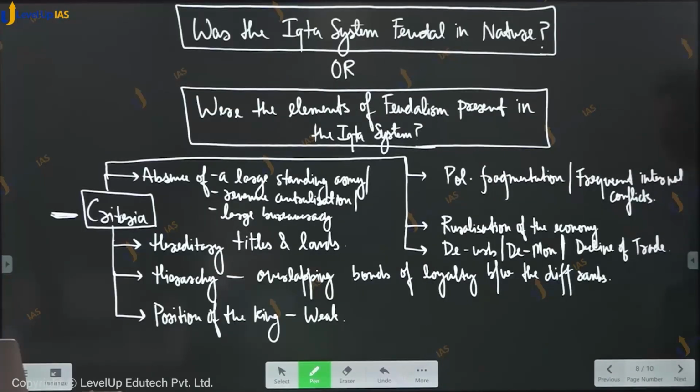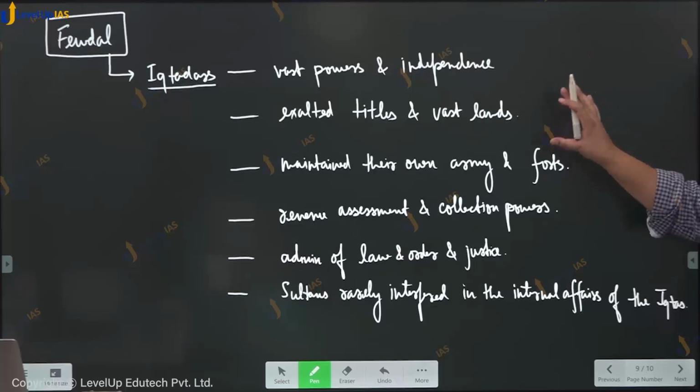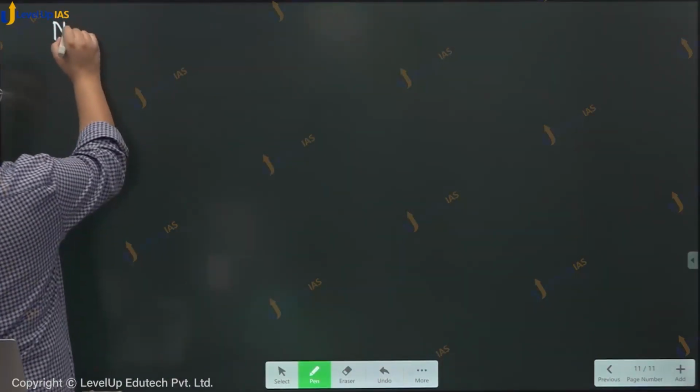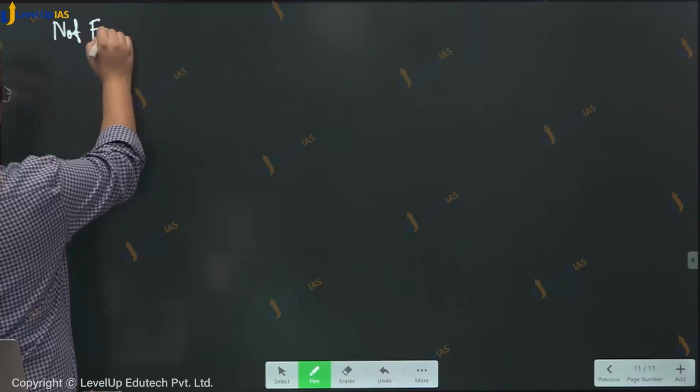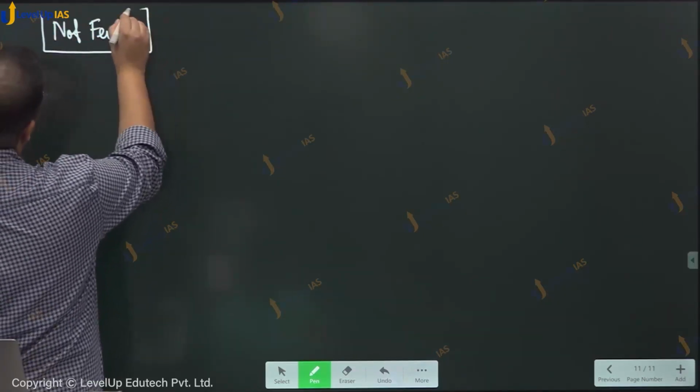However, these arguments prove to be rather superficial when examined more closely, thus leading to a strong counter argument that it was not feudal at all.